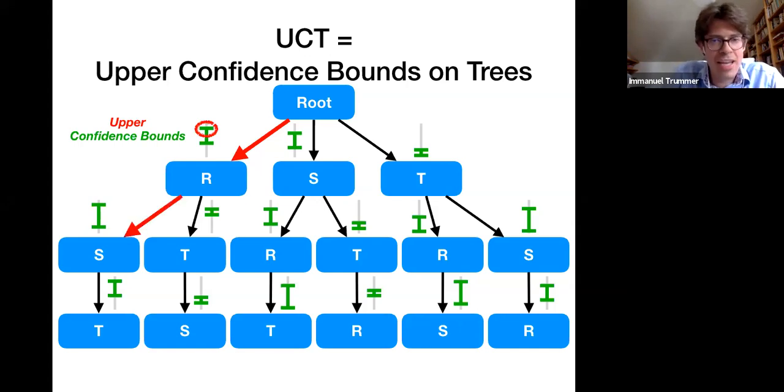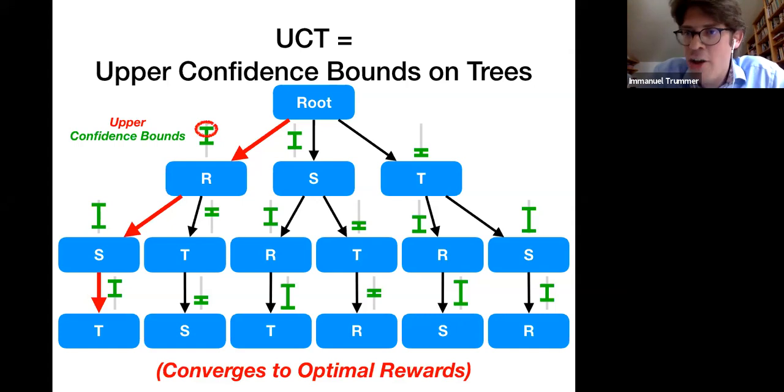We would select table S as second table in our join order. And now for this simple query, we are out of choices. We have to select T as the last table in our join order. And by balancing between the exploration and exploitation, this algorithm actually converges to near optimal expected rewards.